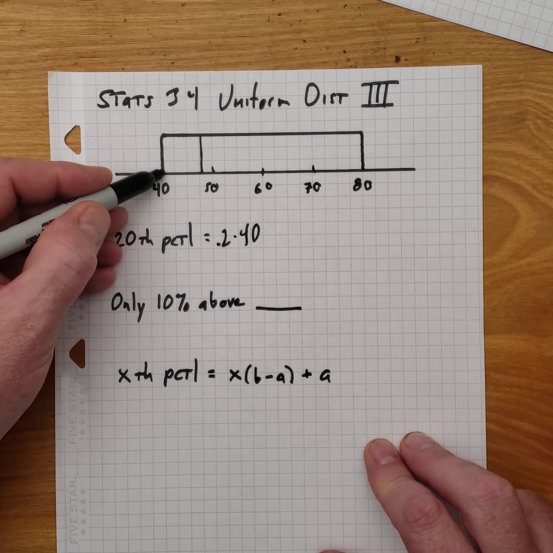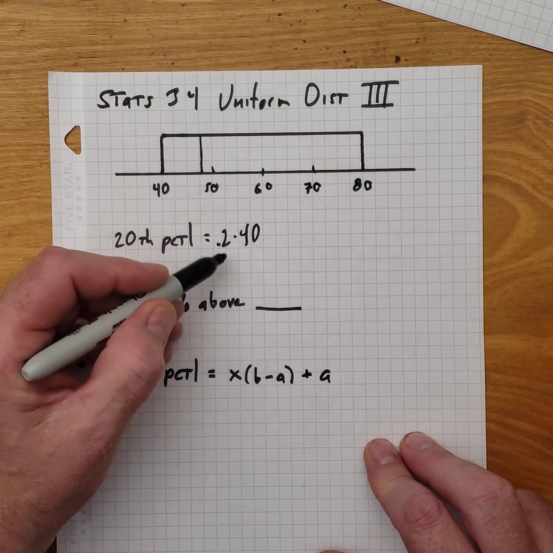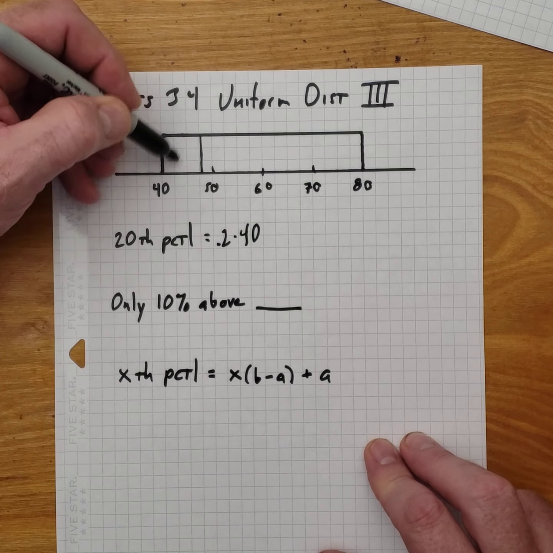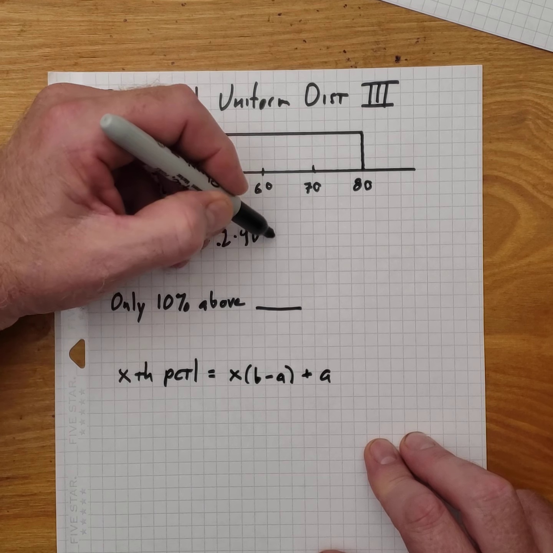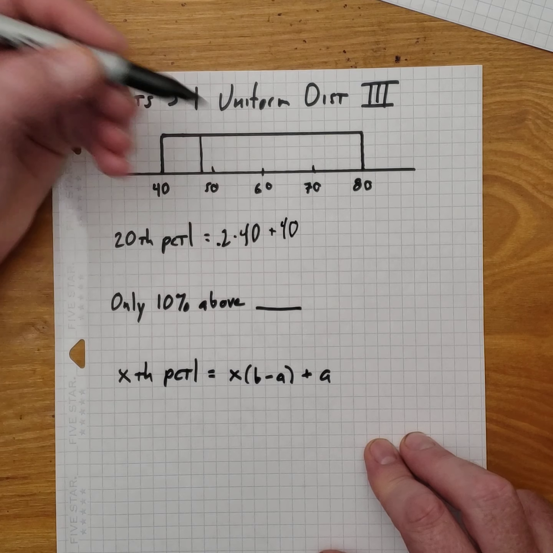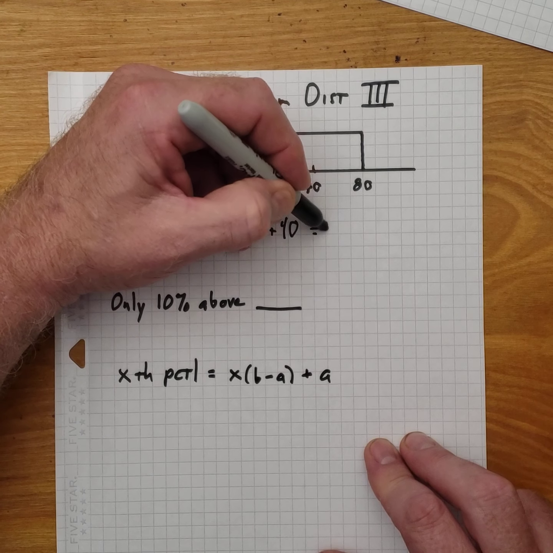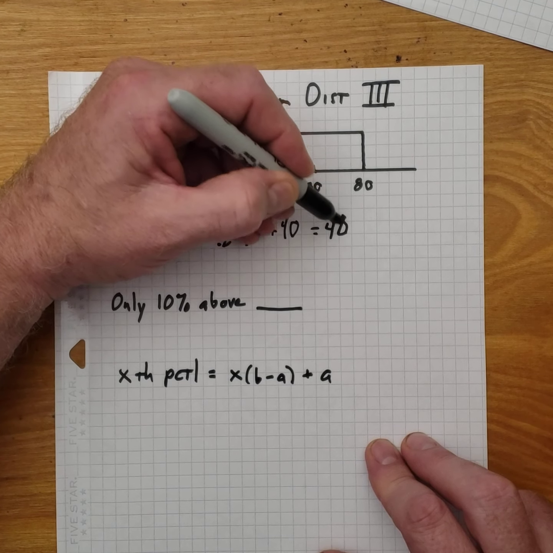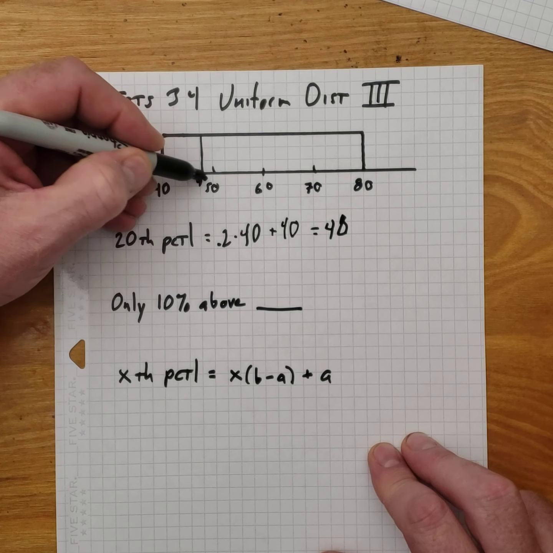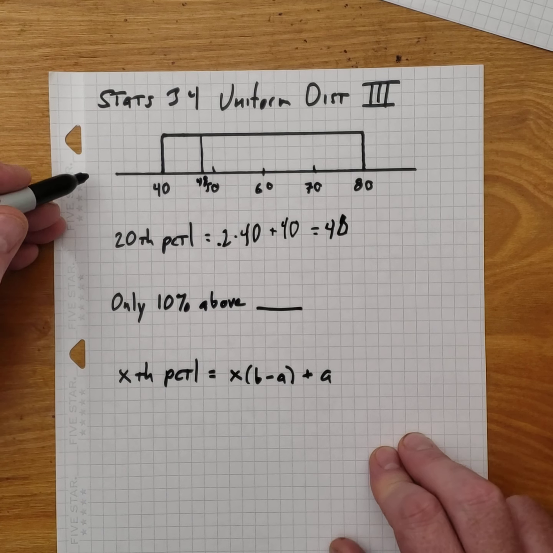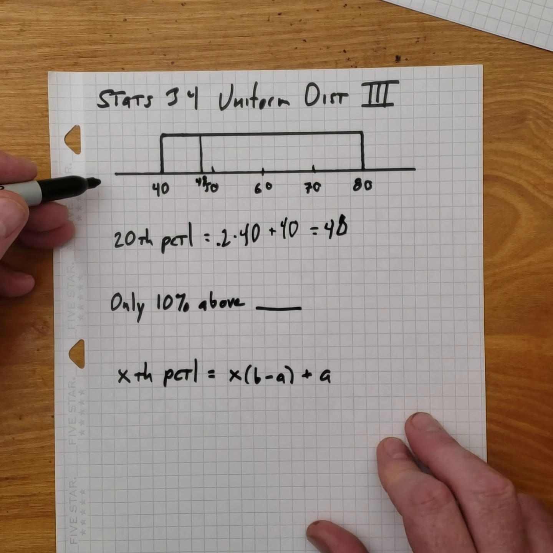And then we're going to add that to 40, because this gives us the length of the 20% rectangle, but it needs to start at 40 and go to something else. So that's going to be 48. That's a terrible looking 8, I apologize. So 48 here is our cutoff point for the bottom 20% of this population.